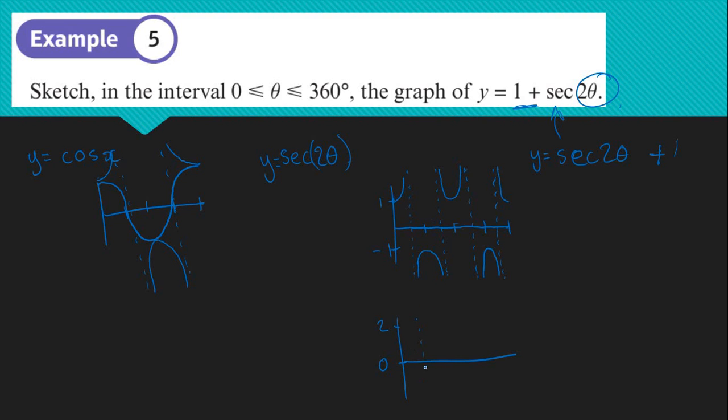You should be able to draw that yourself, but I'll do it for you. So we'll go up like that, go like there, there, touching, and there.